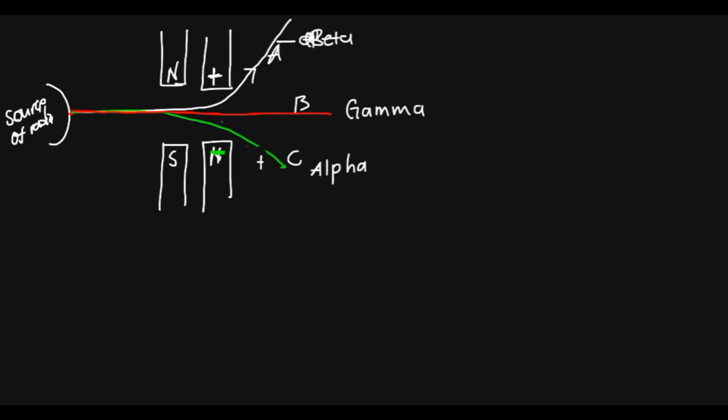Now, away from the deflection, let's look at radioactive decay. Radioactive decay is just the disintegration of a nucleus due to alpha, beta, or gamma radiation.